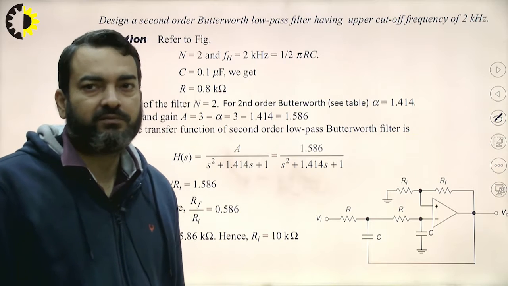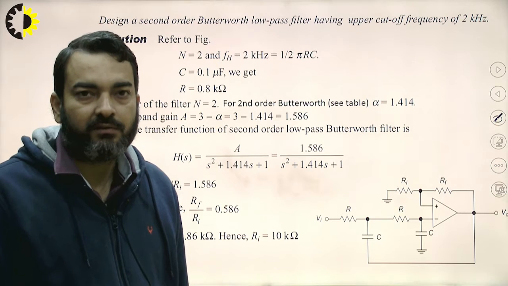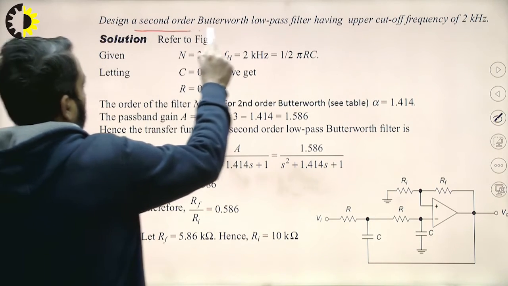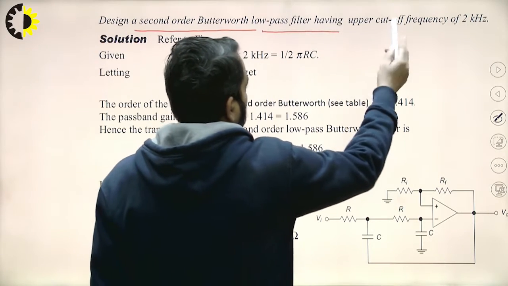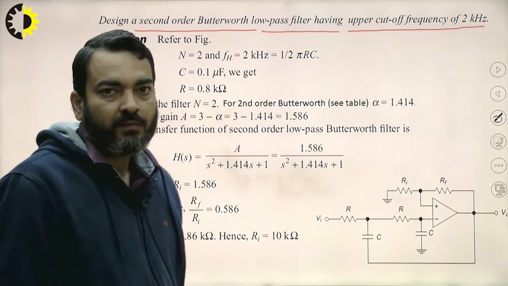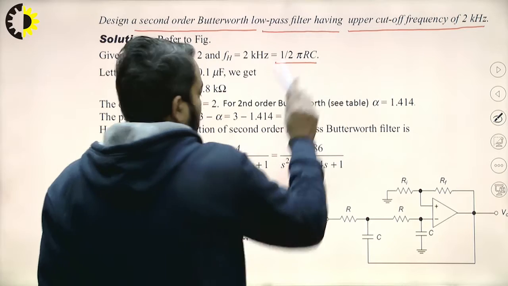Let us see one example of how to design a Butterworth filter. We have to design a second order Butterworth low pass filter having an upper cutoff frequency of 2 kHz. We know the cutoff frequency is 1 by 2 pi RC.